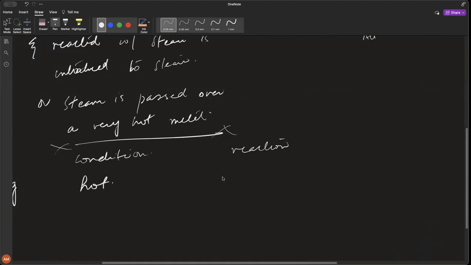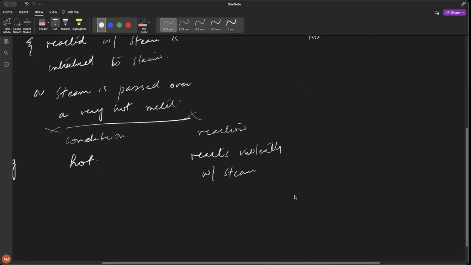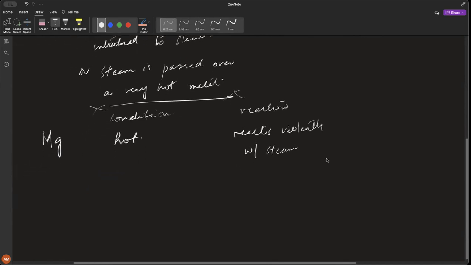It reacts violently with steam. If you could recall our previous lectures, it barely reacted with water. The reaction with water was very slow, almost like none. But it reacts violently with steam because it is hot.